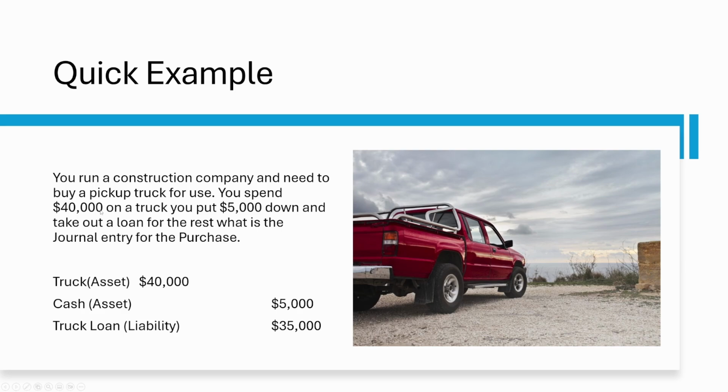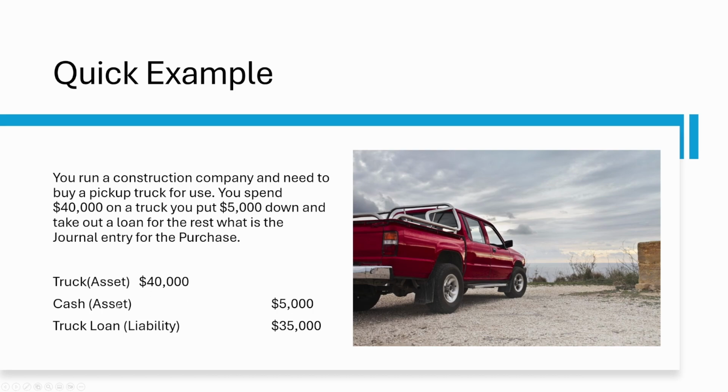So we have a truck, we spent $40,000, so typically we're going to record our purchases at cost. In this example, the truck is going to be an asset for our business. It's something the business owns. We put it down for $40,000 because that is the price we paid. Now over here, we only spent $5,000 from our bank account to put down on the truck. Because we put that $5,000 down, we decrease our cash position, which is also an asset, so we're going to credit it for $5,000.